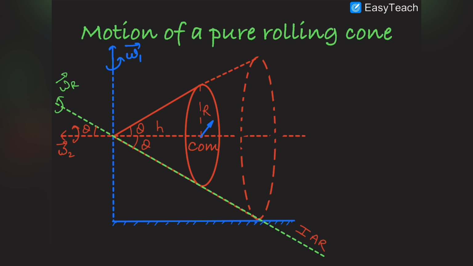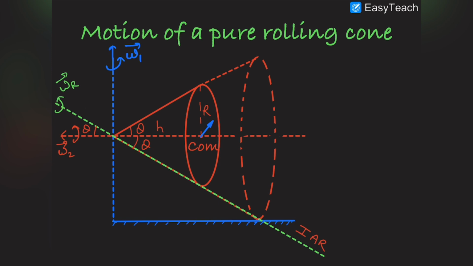But we will be discussing that question also later in this video, and we'll be discussing that complete section, that is, how to find out the angular momentum of such rolling motion of a cone or some other body.